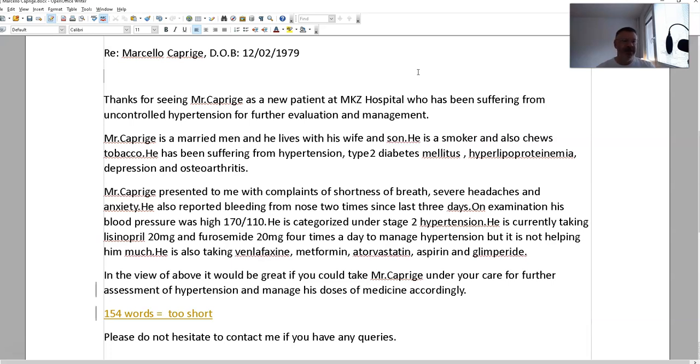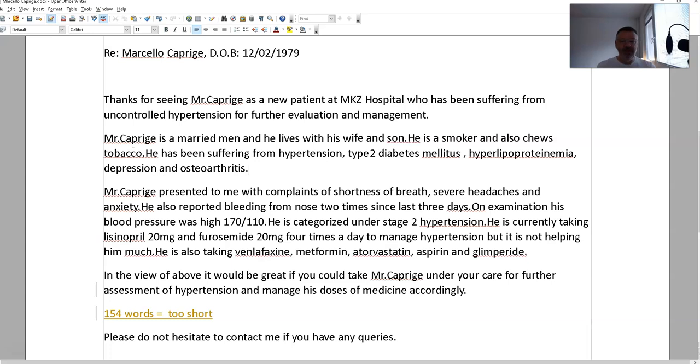You need a variety, a repertoire, not the same phrases that you copy and paste off the internet. All right? So "as a new patient, been suffering for further evaluation and management." Okay, could be better.